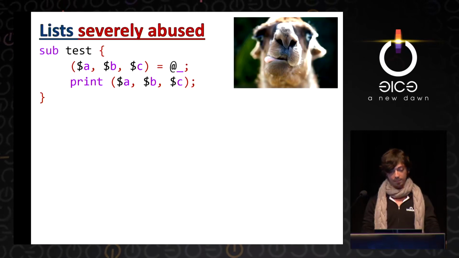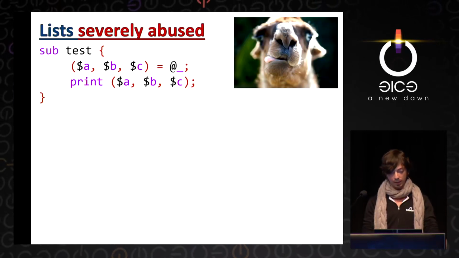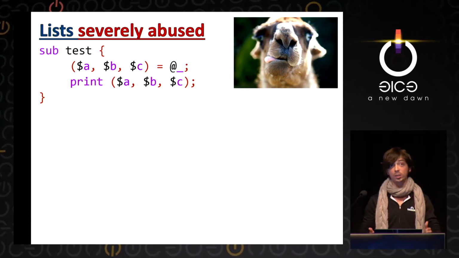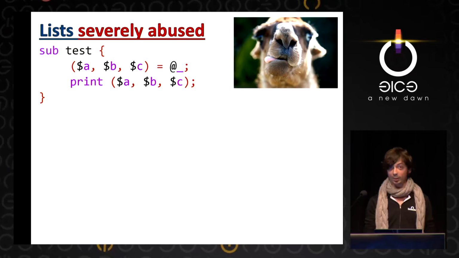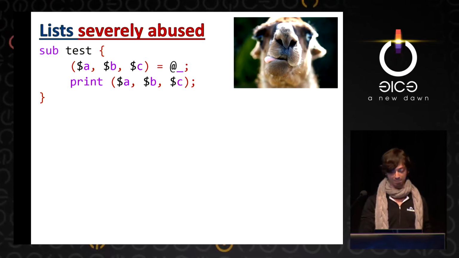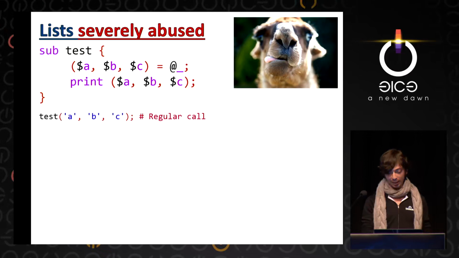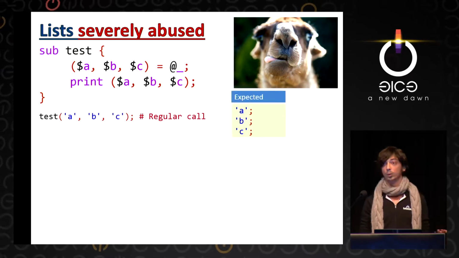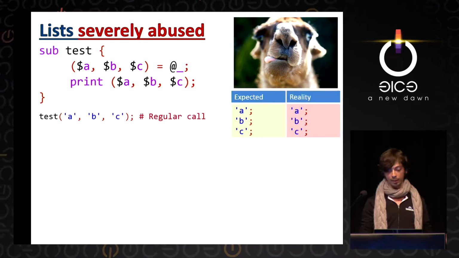So this is a function. It takes 3 arguments, A, B, and C, and just prints them. Do you remember the previous whats? There are plenty more to come. So in a regular call with A, B, and C as values, we expect A, B, and C to be printed out, which is exactly what happens.